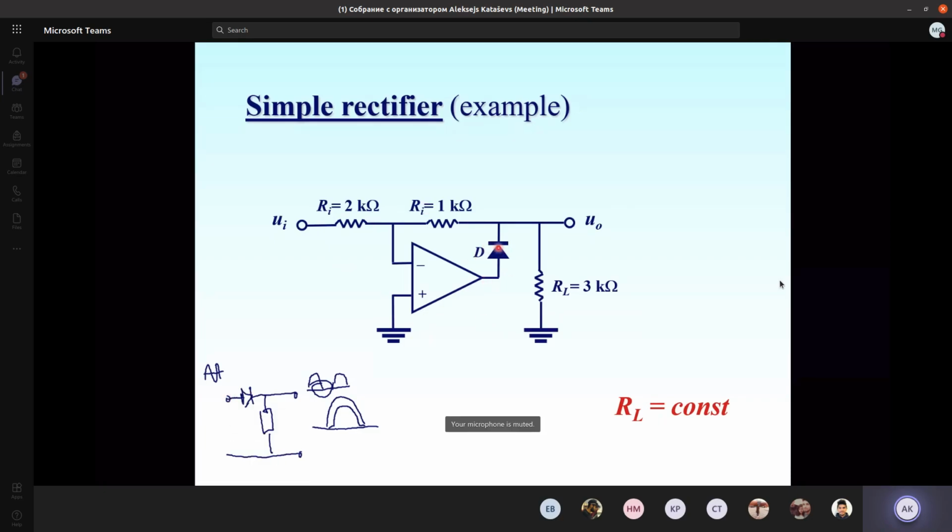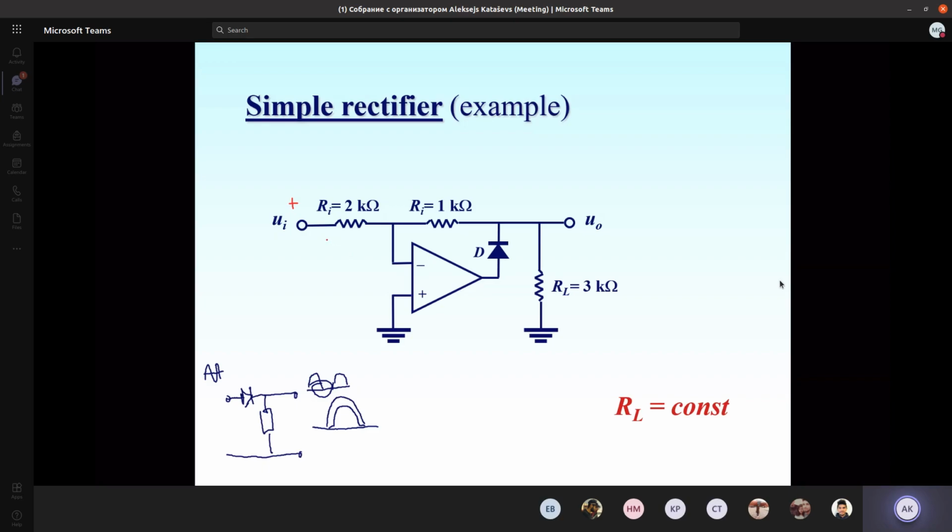For this example, let's see how this simple rectifier works. Let's consider first what happens if we have a positive voltage here.